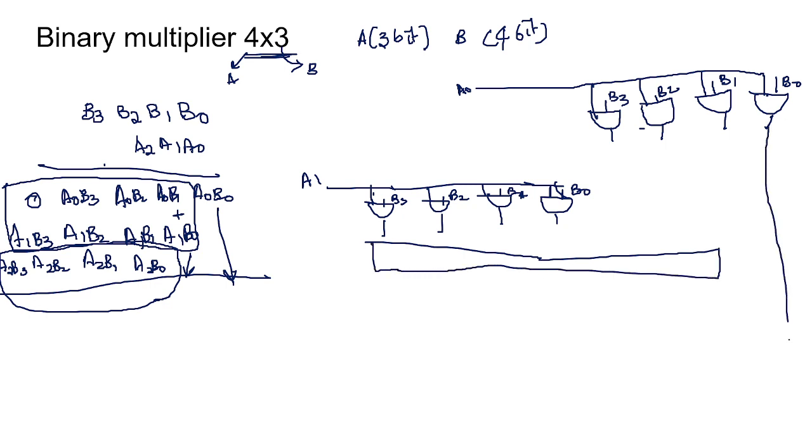This we will get directly. We can take this as the C0, and this 4 bit RCA.